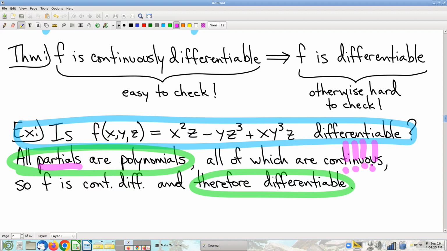Right. And then likewise, okay, so now you know the function's continuously differentiable. You got to note that it's continuously differentiable, and that the continuous differentiability is what allows you to conclude the differentiability. So again, a lot of students would write partials or polynomials, and maybe they might even write and they're continuous, and therefore we have differentiable. Well, therefore we have continuously differentiable.